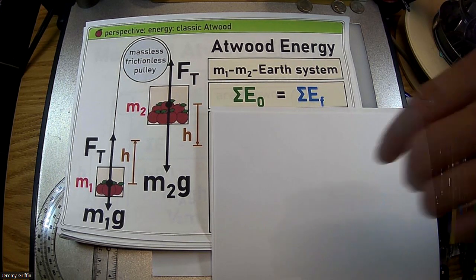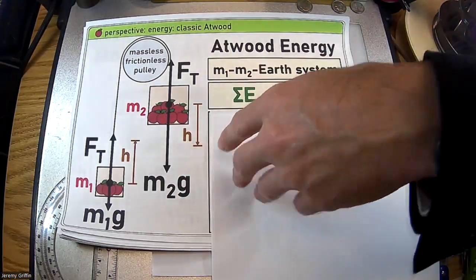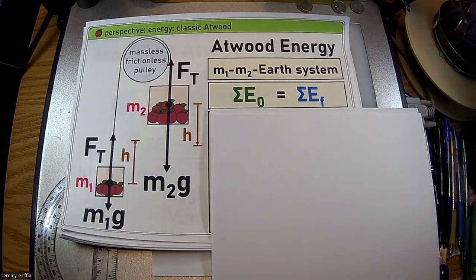Like if one of these was grounded to a spring tied to the ground, then there would be some kind of maximum height, and it would start oscillating. But that's not what this question asks. It's just for some arbitrary height change. Suppose that this box moves 1 meter. The large one goes down 1 meter, the small one moves up 1 meter. How fast is it moving at that particular arbitrary moment?